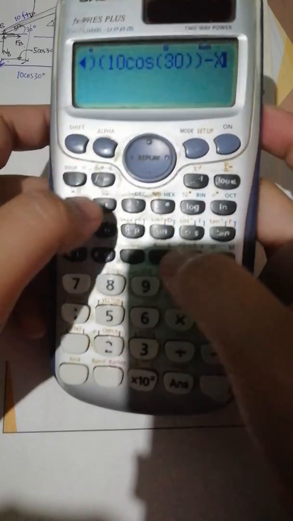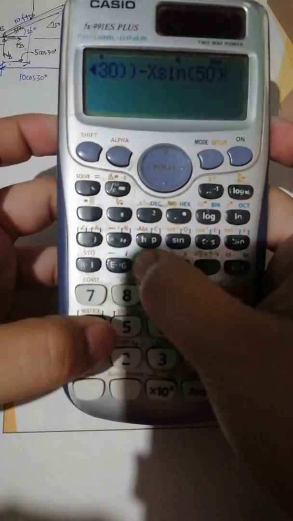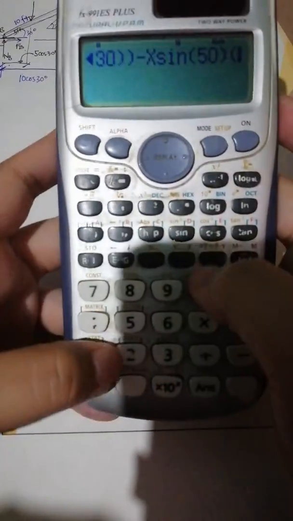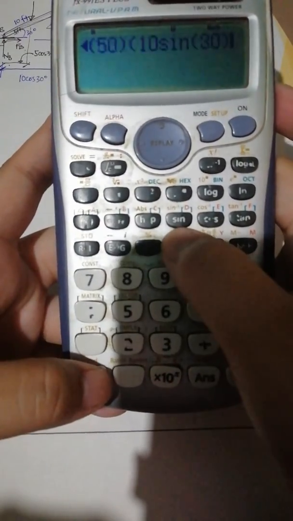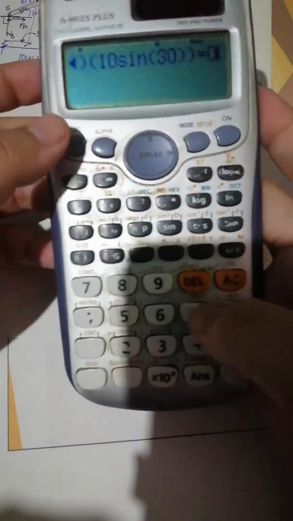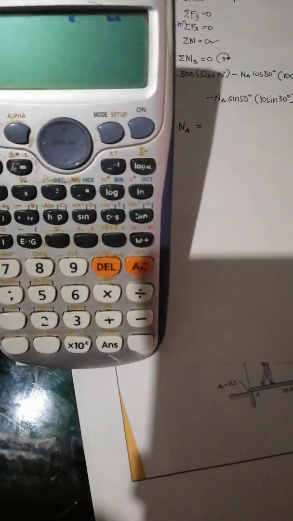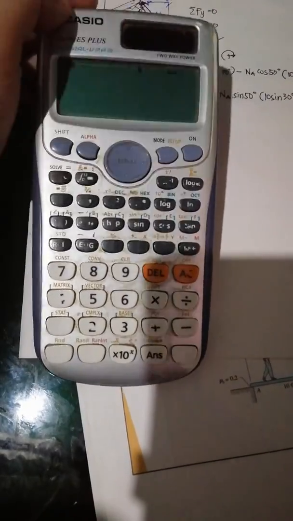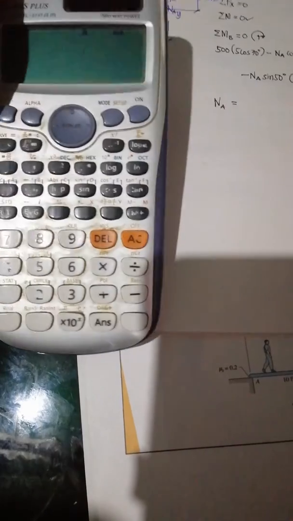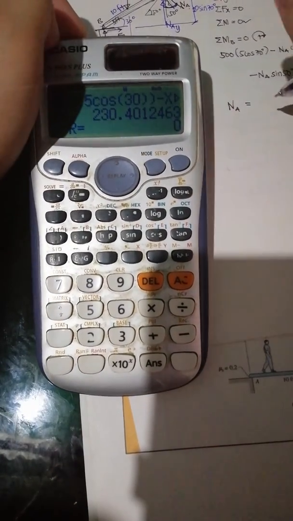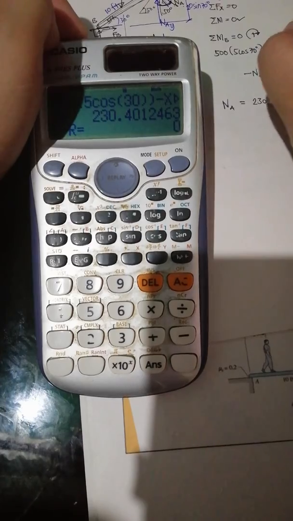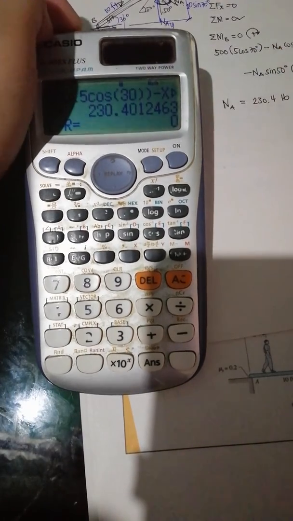Next is minus NA, or X, sine of 50, then perpendicular distance 10 sine of 30, then equals 0. Everything is equal to 0. So let's see the value of the normal force at point A. We'll have 230.4. That is, of course, in pounds because it's a normal force.